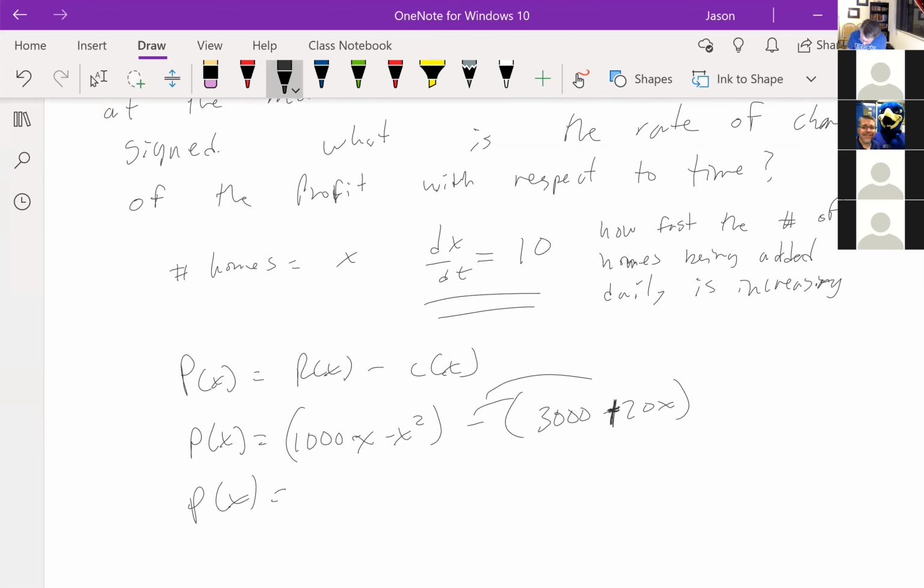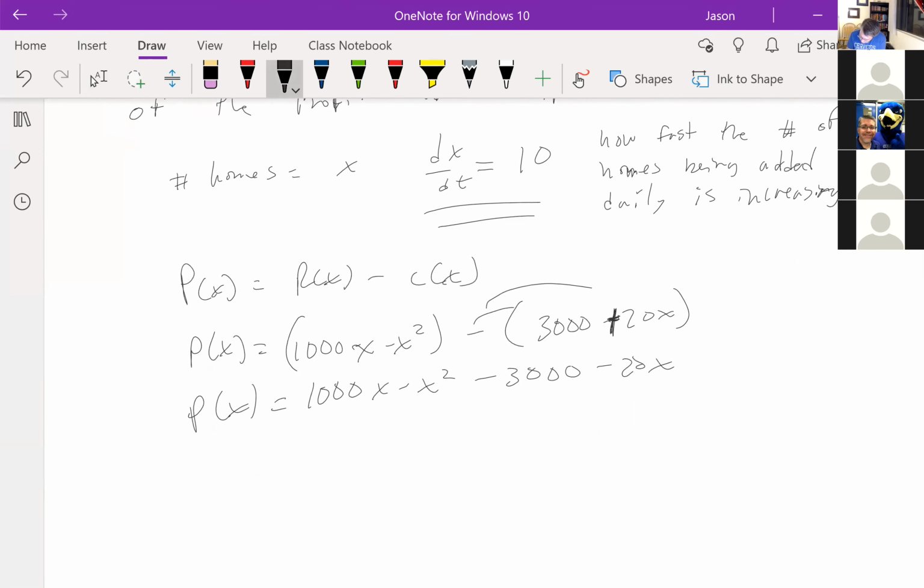P of x is equal to 1,000x minus x squared minus 3,000 minus 20x. So 1,000 minus 20x, that's 980x minus x squared minus 3,000 is P of x.